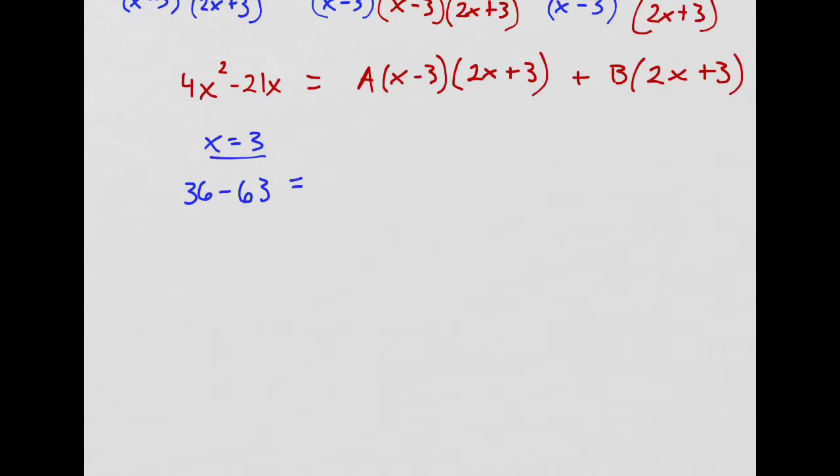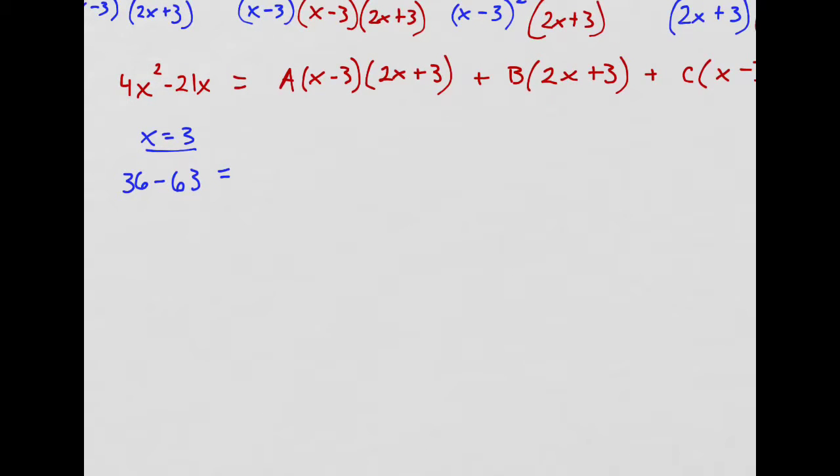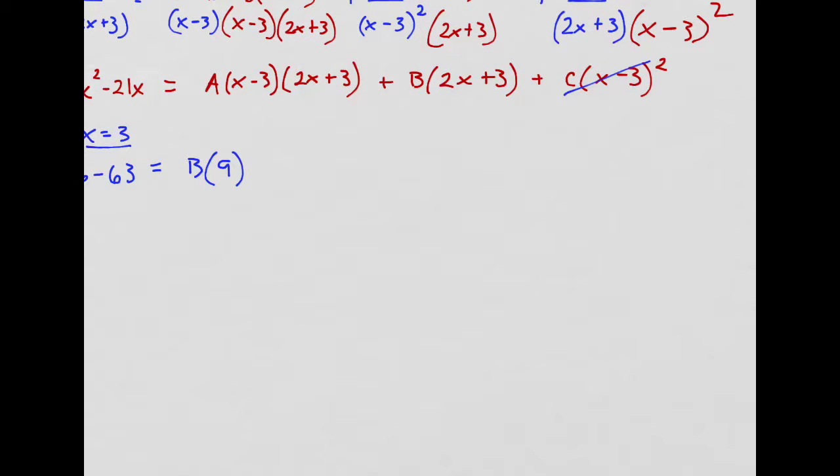I'll simplify that later. And this goes away because I chose it to be 0 there, and then it multiplies it away. And then I have b times, well, x is 3, so that would be 6 plus 3 is 9. And that goes away as well.